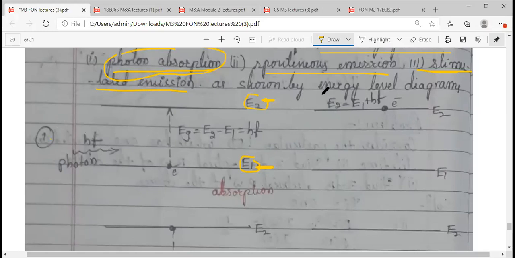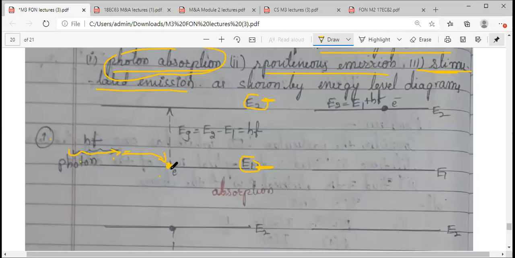What do you observe in the first figure? Initially the electrons are in the ground state, at the low energy level. Whenever a photon is incident on this, the electron will take that energy from the photon, that is, absorption is happening.